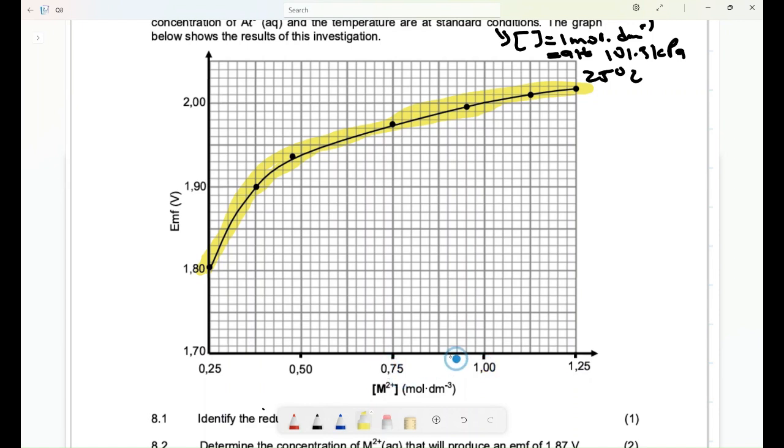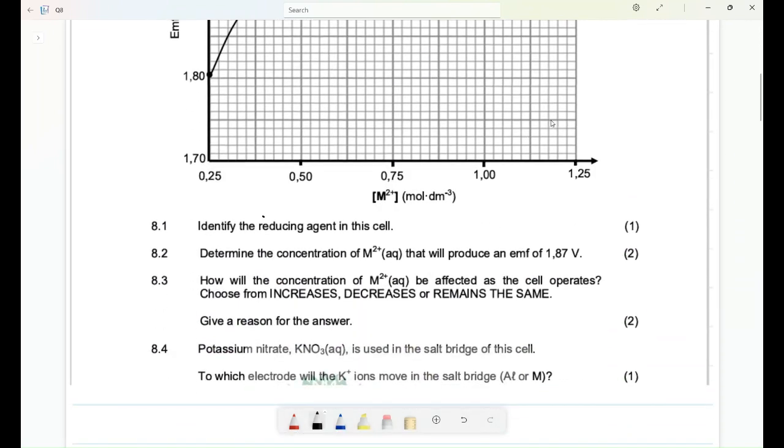If this one increases, it does not level off after some certain time. So can you see it does not do that? It means aluminium is our limiting reagent, aluminium, not Al3+.